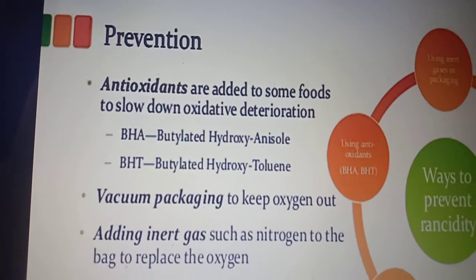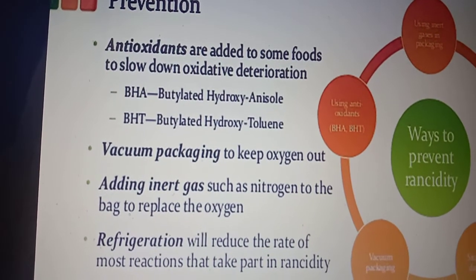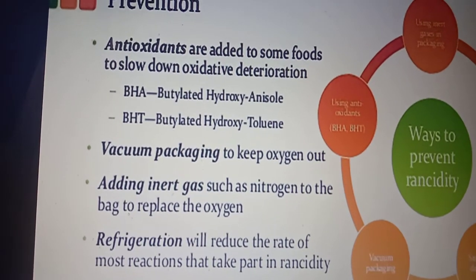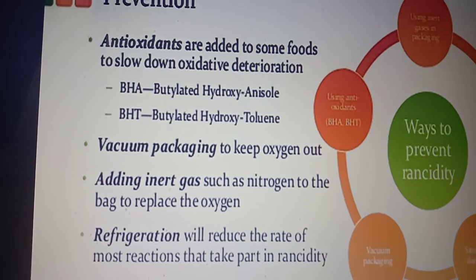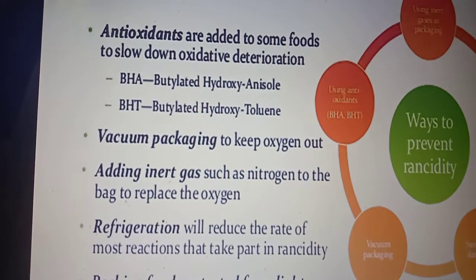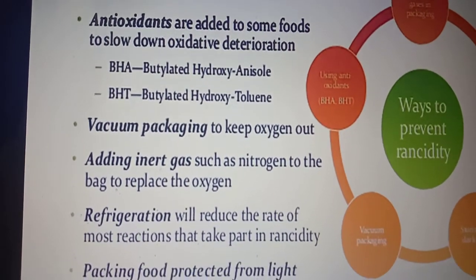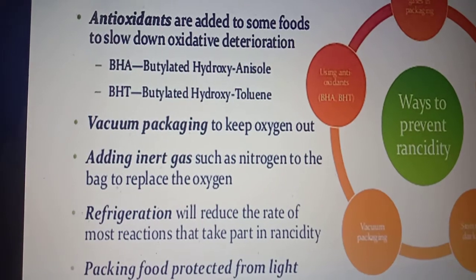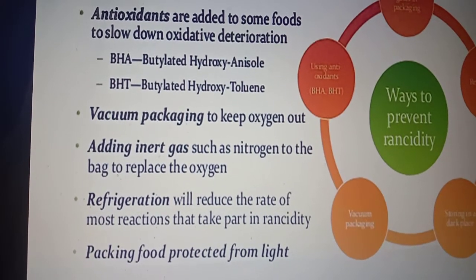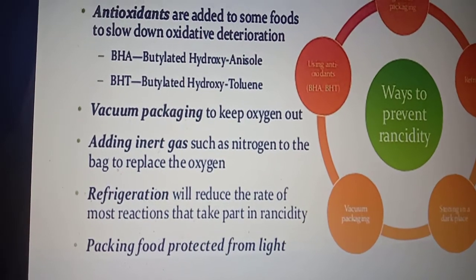Now there are some more methods of prevention: vacuum packaging to keep oxygen out, adding inert gas such as nitrogen to the bag to replace the oxygen. So basically we have to cut off the contact of foods with oxygen. Refrigeration will reduce the rate of most reactions that take part in rancidity.